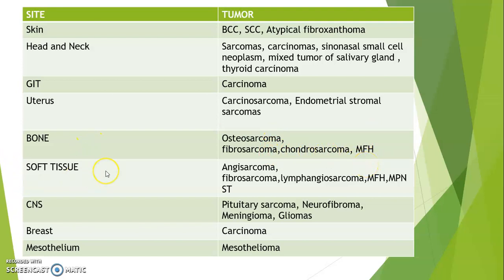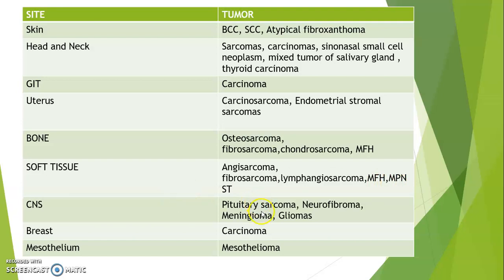In soft tissues, the tumors that arise due to or after radiation are angiosarcomas, fibrosarcomas, lymphangiosarcomas, malignant fibrous histiocytoma, and malignant peripheral nerve sheath tumor.